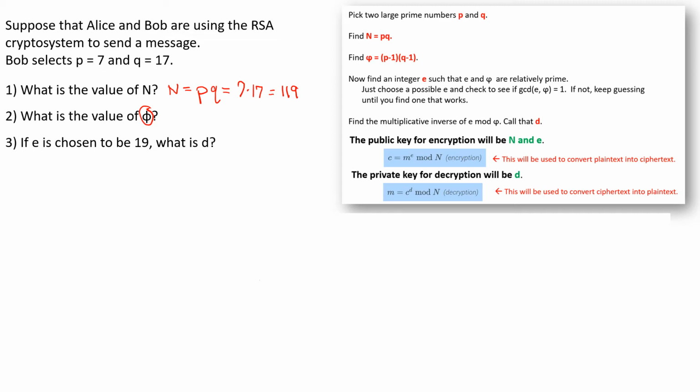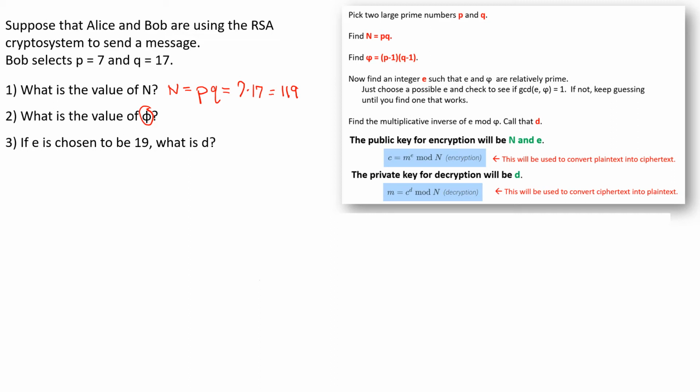But when we're typing things out in Word or PowerPoint, or even just writing them out, it's easier just to put the circle with the line through, and that also means phi. So when you see that circle with the line through, that's referring to the same value as that slightly different symbol in the top right box.